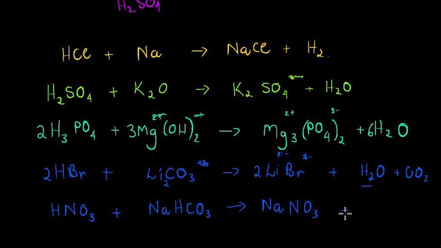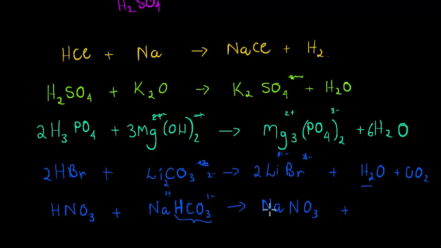This will be my salt. Sorry, I didn't show you this one. You know that carbonate has a 2 negative charge, and so bicarbonate will add a positive to it because we've added a proton, so this one will have a 1 negative charge. Sodium is also 1 positive, so that's why there are no additional subscripts.